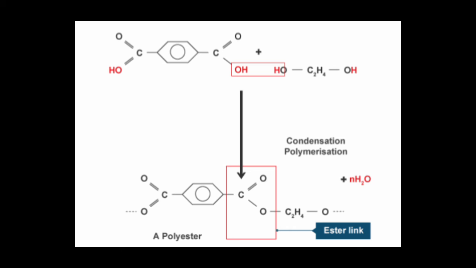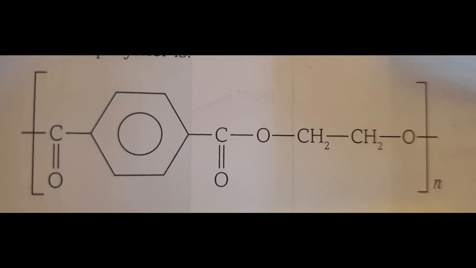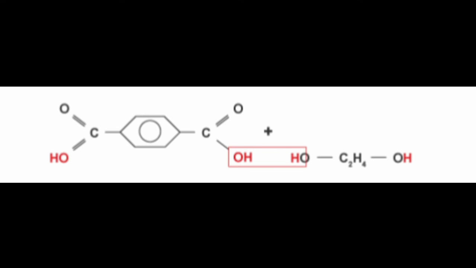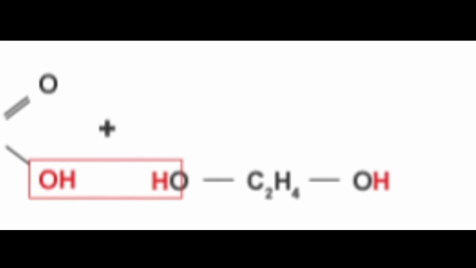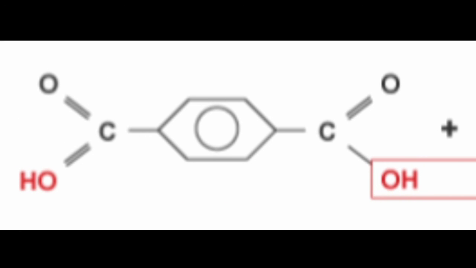Next up, we need to know how terylene is formed. Terylene is a polyester with this structure. Terylene is formed firstly with a diol, as you can see over here, not an alcohol, as two reactive groups are needed, and it's the same with the dicarboxylic acid.